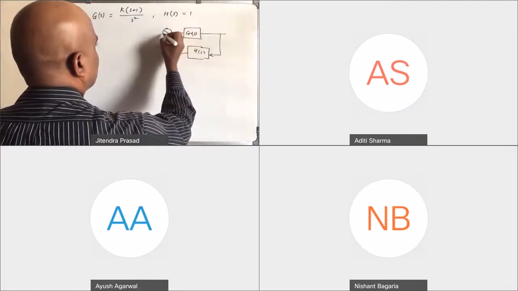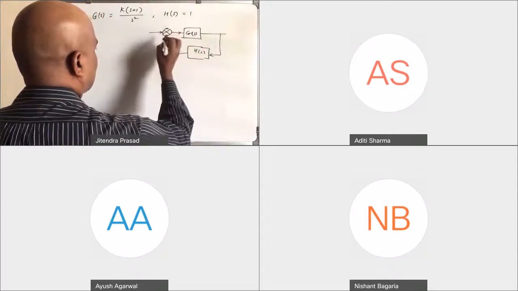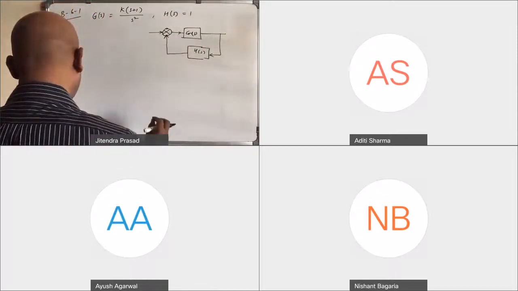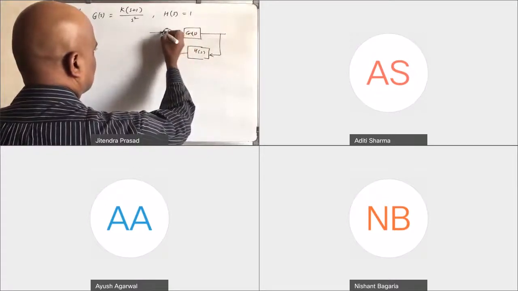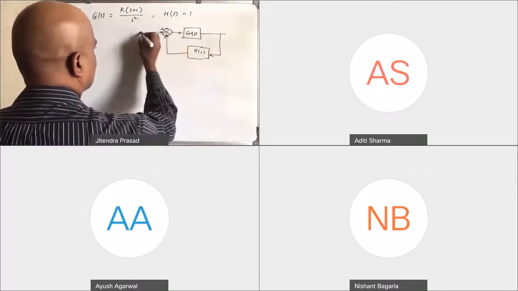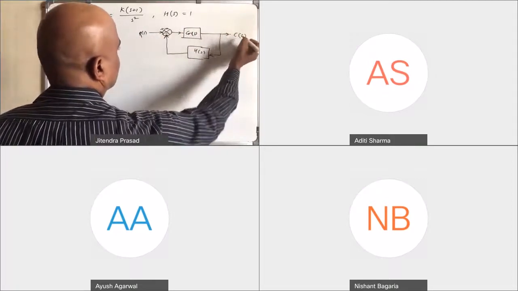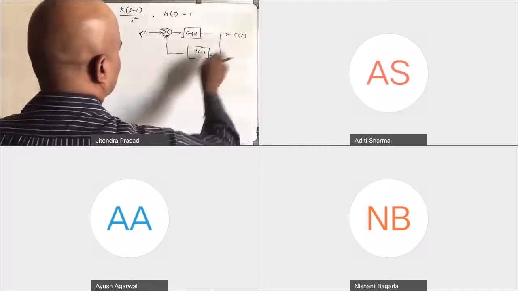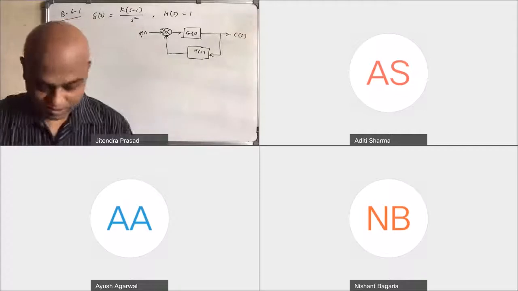When it is not specifically mentioned that this is a closed loop system, then G(s)H(s) is given by default. You will assume this. So this is minus, this is plus. Okay. So R(s), C(s). Typically this is what the notes are, especially in your book, so you can follow this.